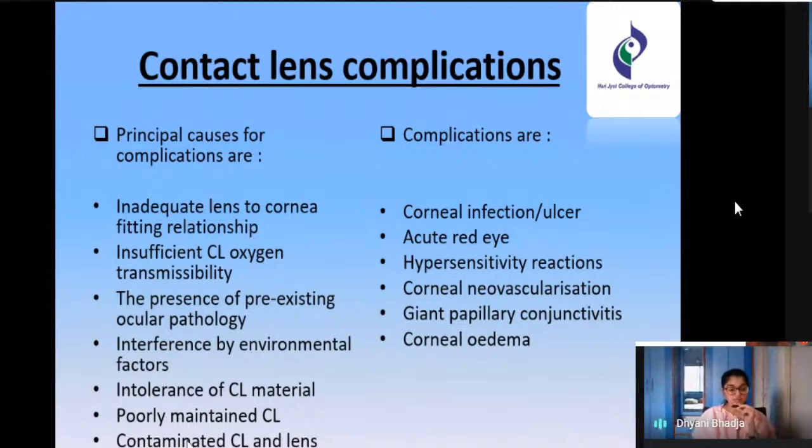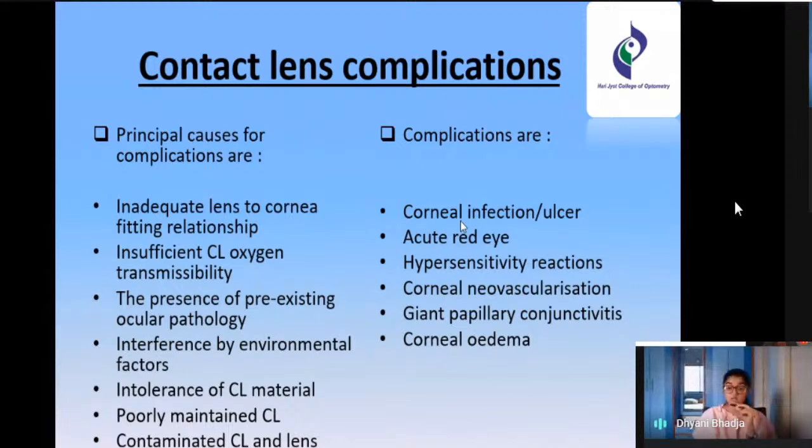Care and maintenance is first. Contaminated contact lens cases. Also, tell her to change her contact lens case monthly and also clean her contact lens case.